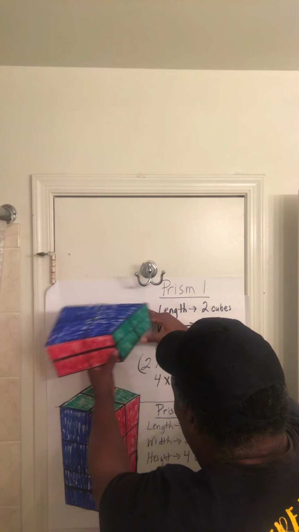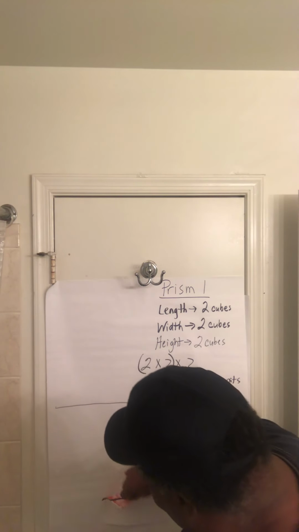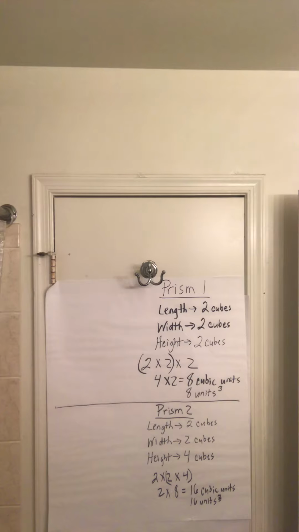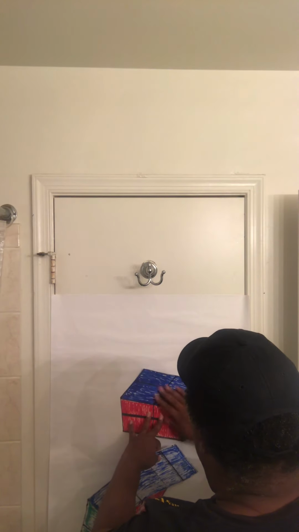Then what we will do is put those together, and let me show you what that looks like. I'm going to remove this and just put that aside. Then I'm going to go ahead and put rectangular prism 1 back up.